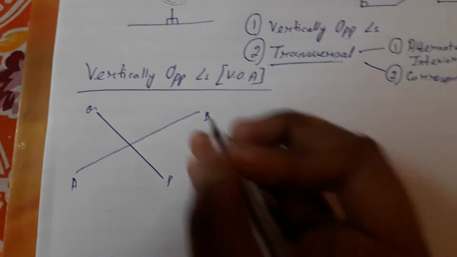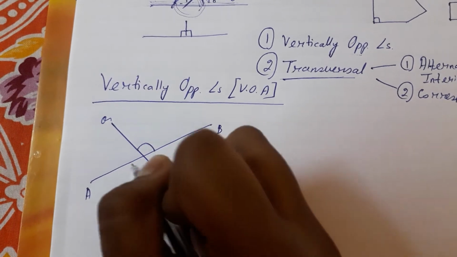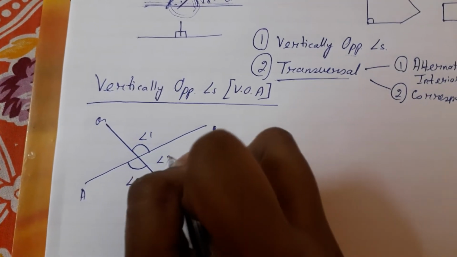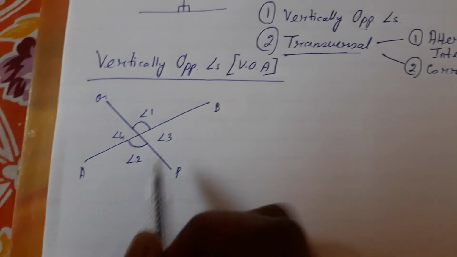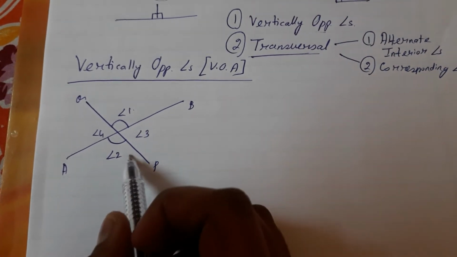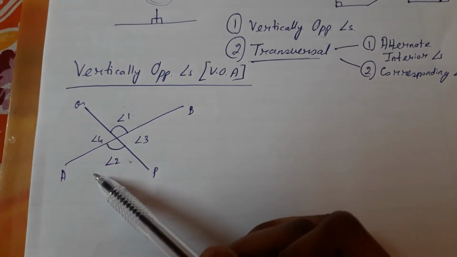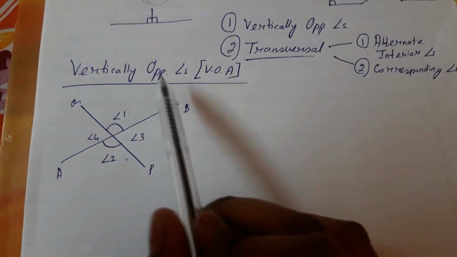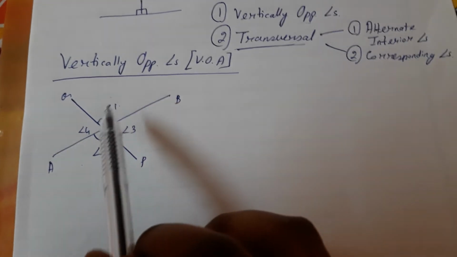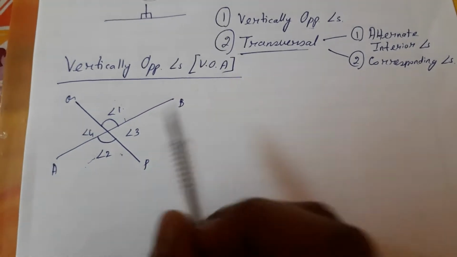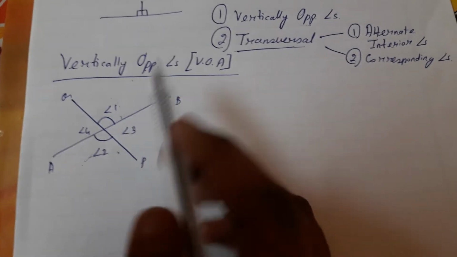Suppose this is angle 1, angle 2, angle 3 and angle 4. In this case, angle 1 is equal to angle 2. This pair of angles, angle 1 and angle 2, is vertically opposite. So vertically opposite angles are always equal.